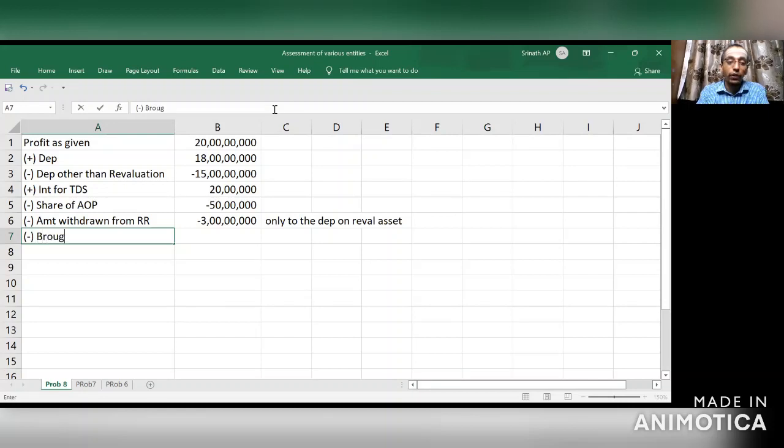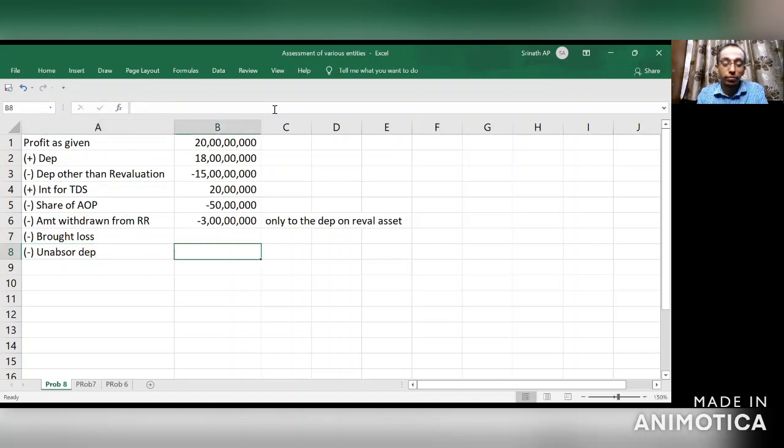Plus brought forward loss plus unabsorbed depreciation, accepted by IBC. Both have to be reduced.